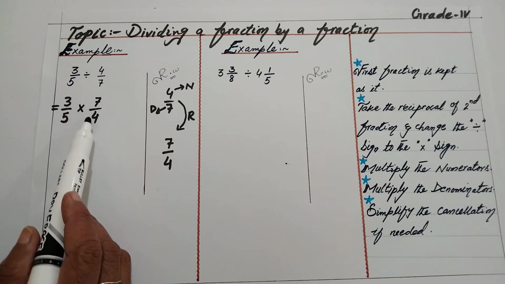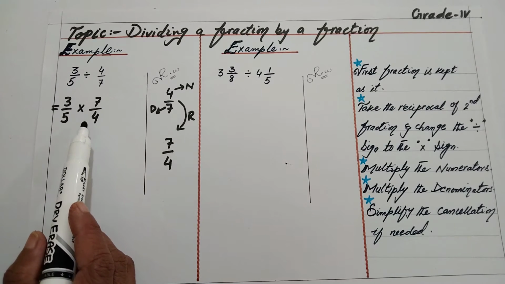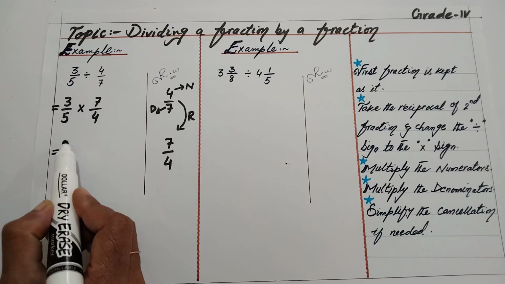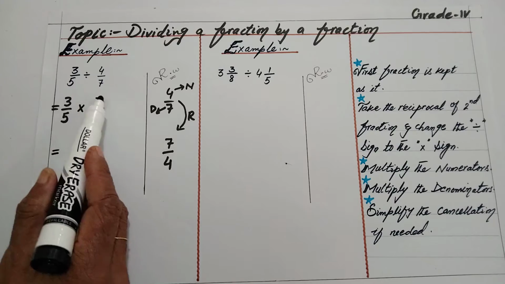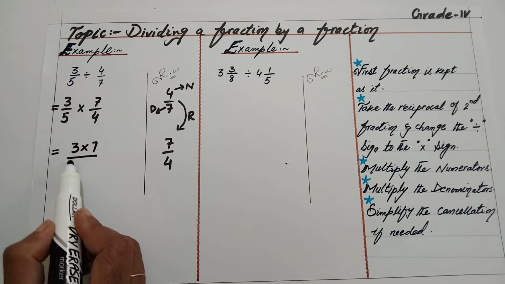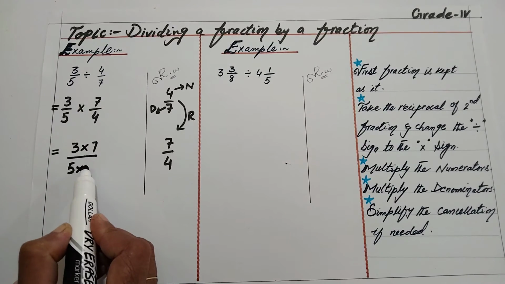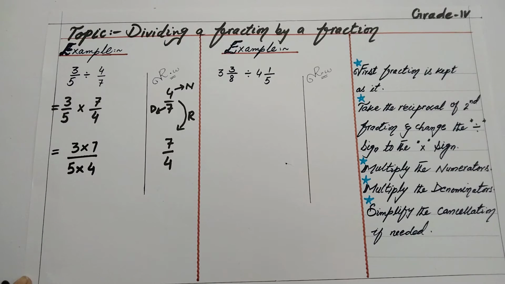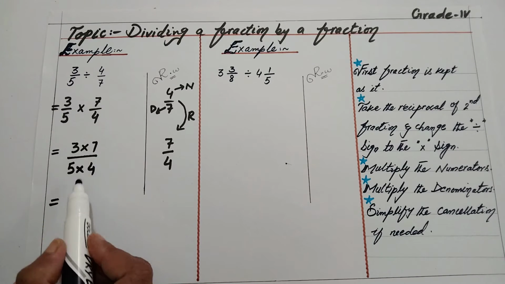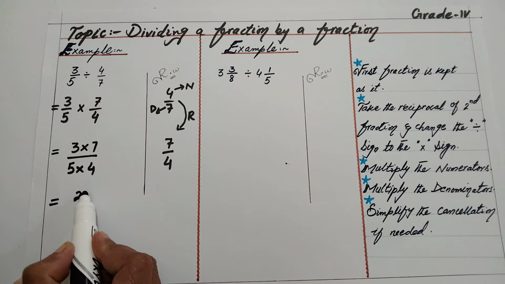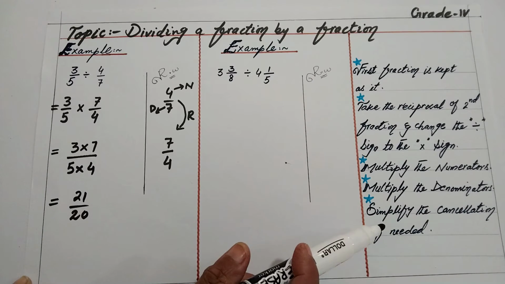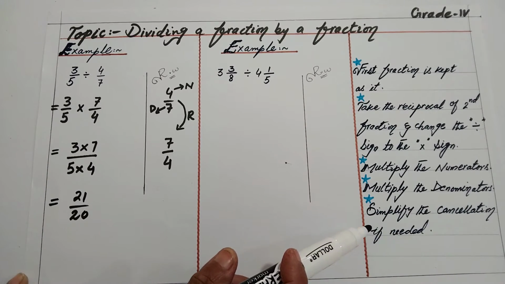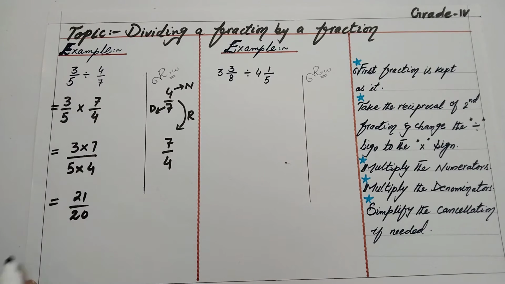That's why we can directly multiply numerator by numerator, 3 and 7 are the numerators, and denominators by denominators, 5 and 4 are the denominators. Now 3 sevens are 21 and 5 fours are 20, because there is no possibility of cancellation, because there is no common factor of any numerator or denominator.